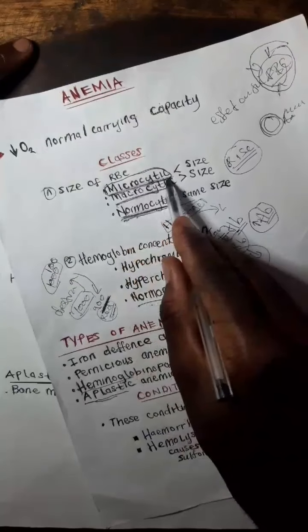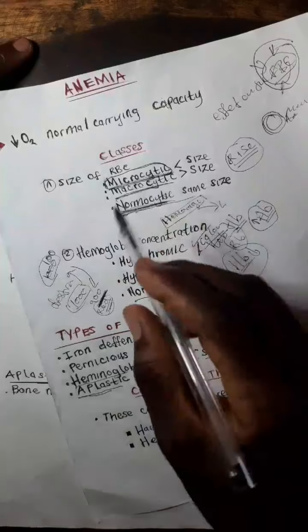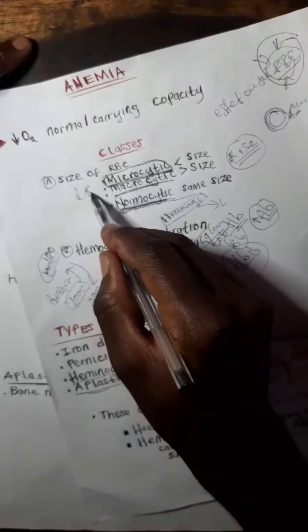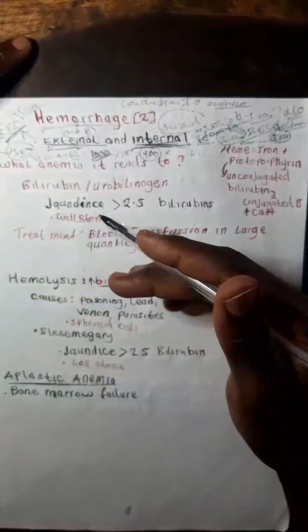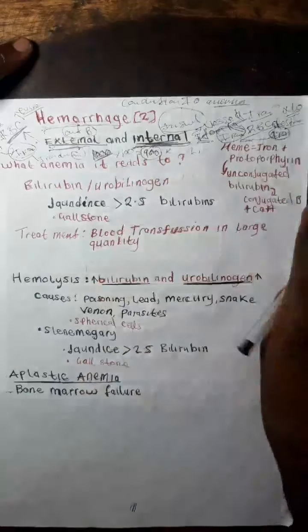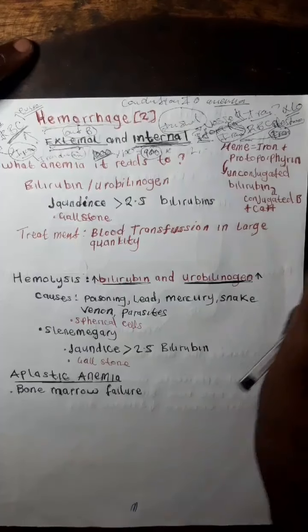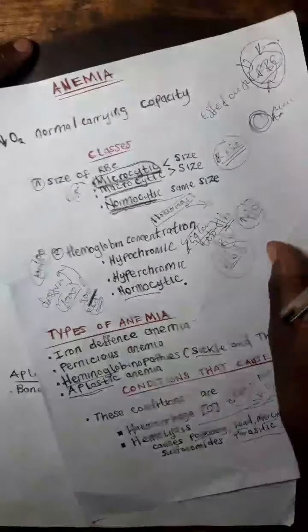Where do you think this microcytic anemia is coming from? It is coming from the deficiency in iron. So external bleeding, when it progresses for a long period of time, can lead to iron deficiency anemia, and since it is iron deficiency anemia, this can lead to microcytic anemia.